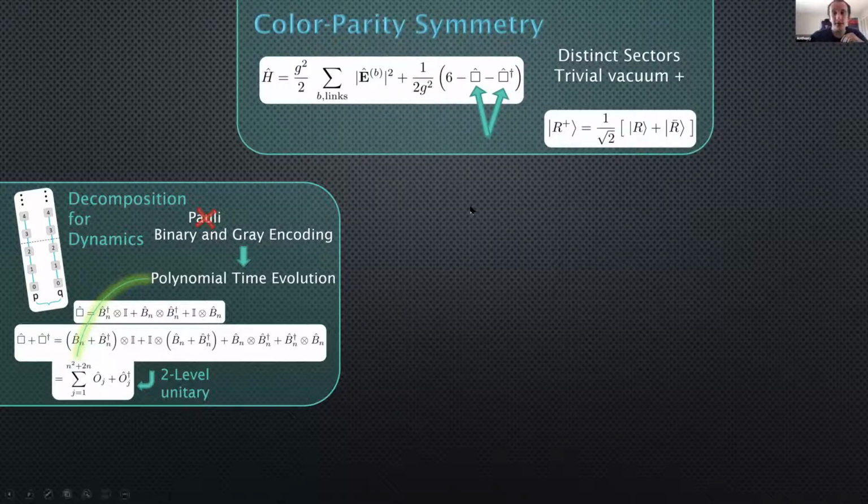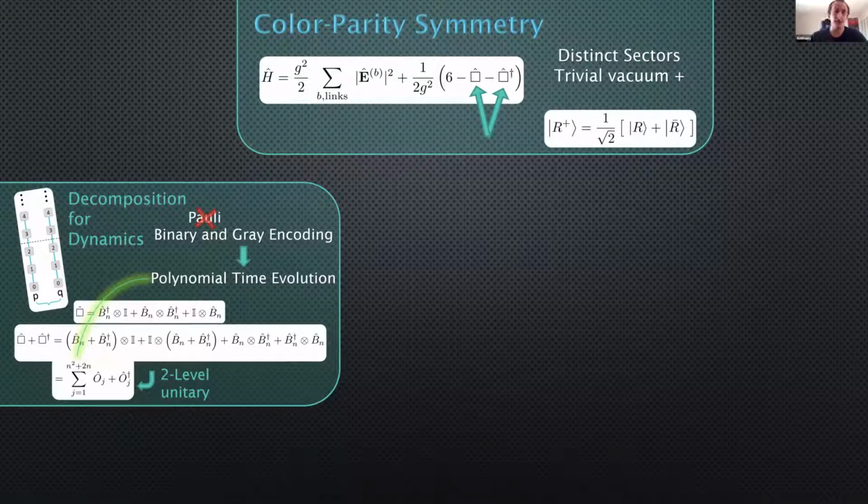You can also look at working in the trivial vacuum. If you're interested in the dynamics of the trivial vacuum, so the state where there's no electric field to start off with, you can use the color parity symmetry, which takes advantage of the fact that the only states you need to consider are those connected to the trivial vacuum by this plaquette operator. This means you only have to consider states of this form, where you just have the sum over a state and its conjugate, a representation and its conjugate representation.